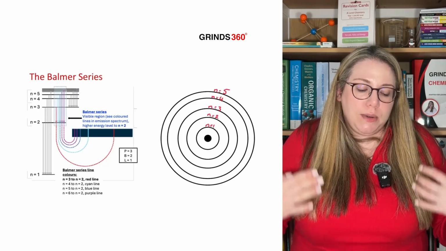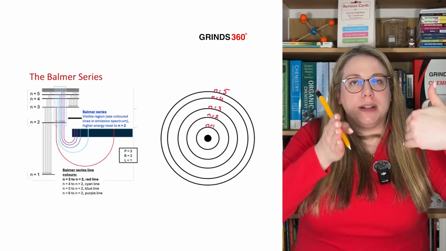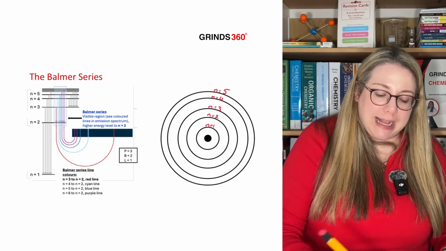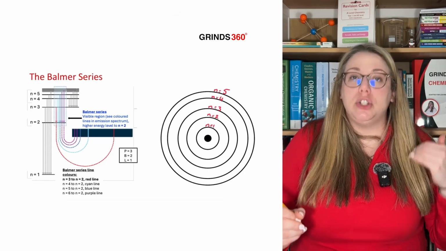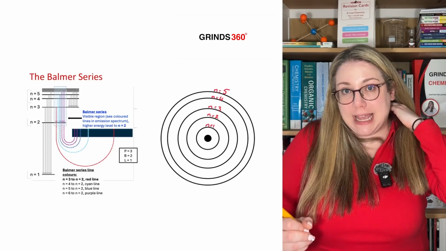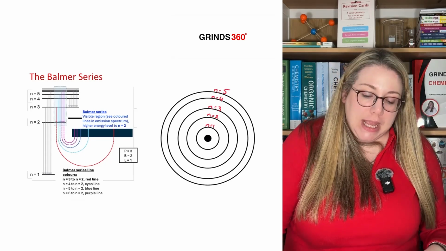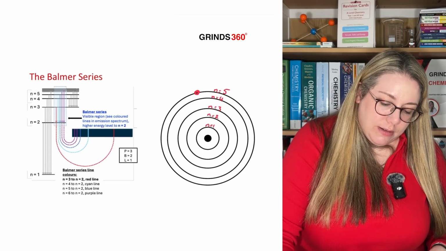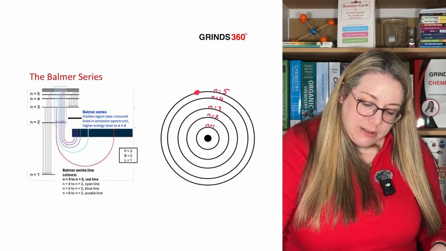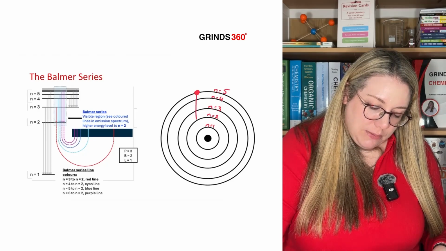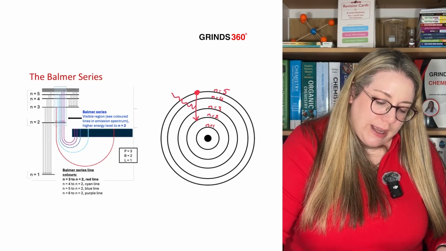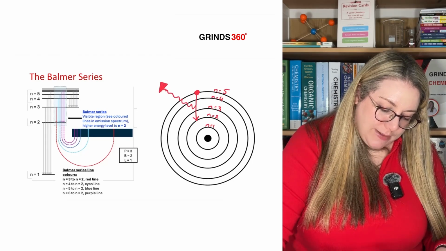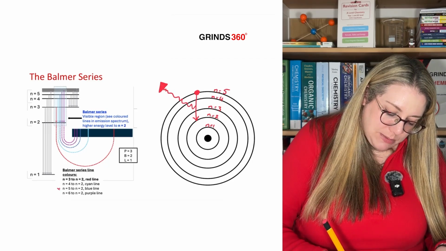Now, in order for you to see these lines in the Balmer series of lines in the visible region, your electron has to be falling back to n is equal to 2. It can't be falling to n is equal to 1 or 3. So if my electron was in n is equal to 5 and it fell from n is equal to 5 to n is equal to 2, the photon of light that is given off from that transition is this one here.